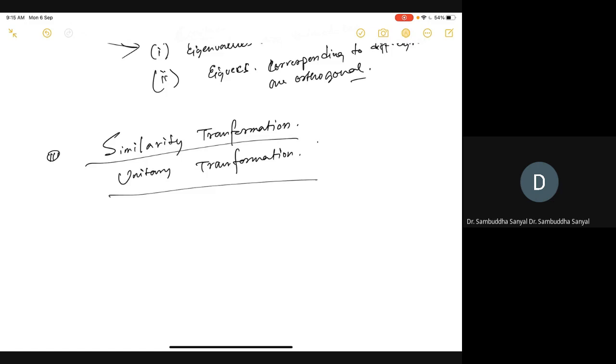Are you familiar, by any chance, with similarity transformations at least? Do you know this thing that S inverse is a transformation from a matrix A to some other matrix A prime? Have you seen that in any other context, such as classical mechanics? If you have some inertia matrix, use a rotation.